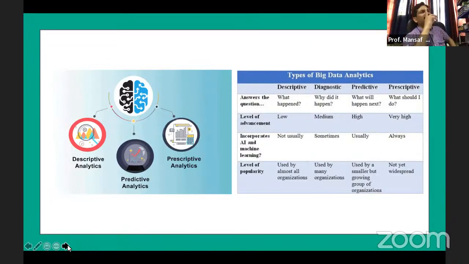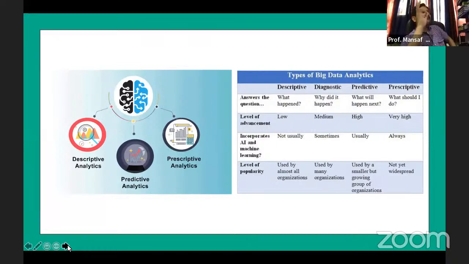Suppose the first type of big data analytics is descriptive big data analytics. Ask the question: what happened? If data is given and someone asks you to just find out what happened, say an accident took place and a lot of accident data is there, and people want to know what happened, then you have to use descriptive big data analytics.